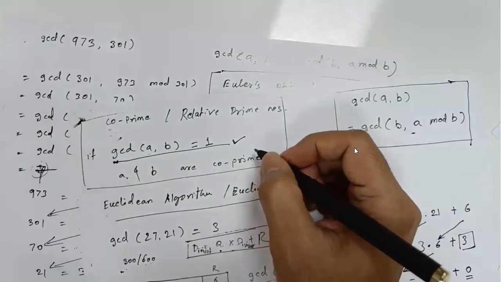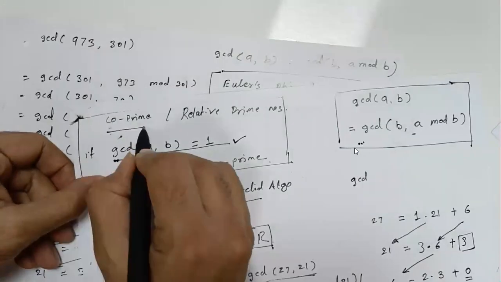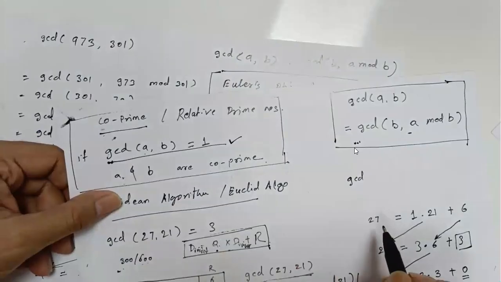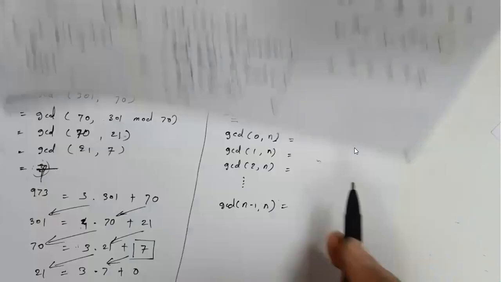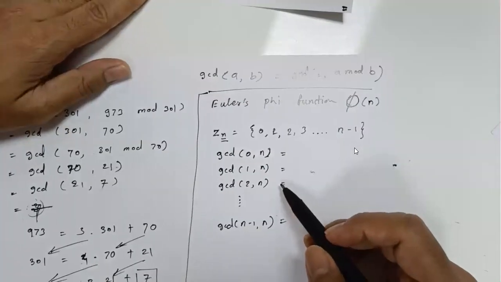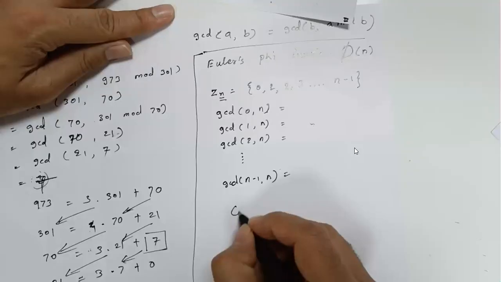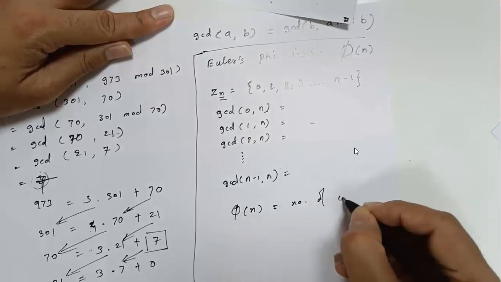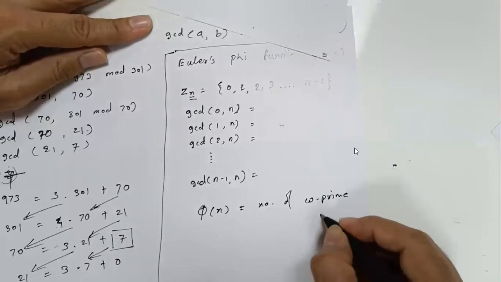That means you have to find which pairs of numbers are co-prime to each other. So I want to find the number of relative prime numbers in this set. You got this concept? And phi of n gives you that number of co-prime numbers.